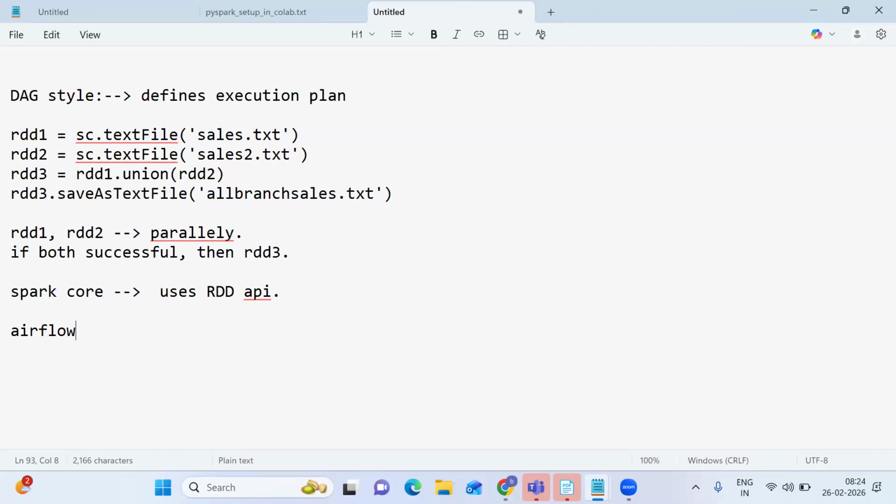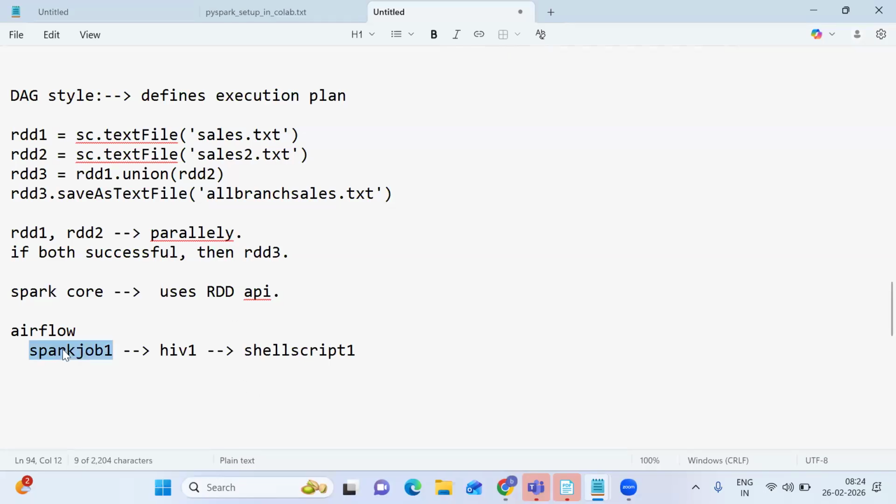Orchestration. Suppose my orchestration flow is like this. Spark job 1. After that, a Hive job 1, a different system. After that, shell script 1. Actually, where is job 1 created?